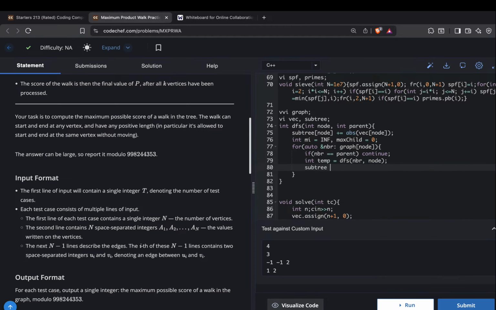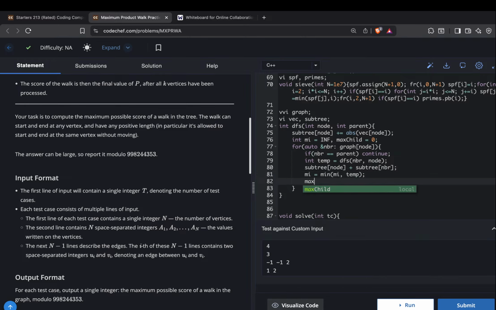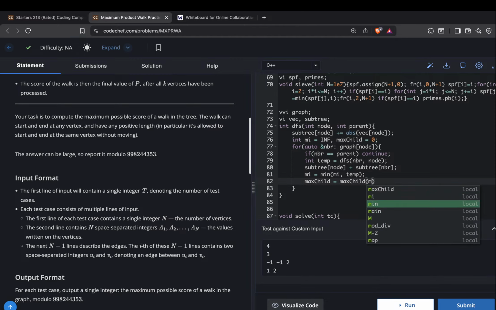Now update the subtree size of node. Now what about the minimum? Minimum is the minimum up till now, or maybe we could remove a subtree in one of the child parts. What we got in the child part is denoted by temp.